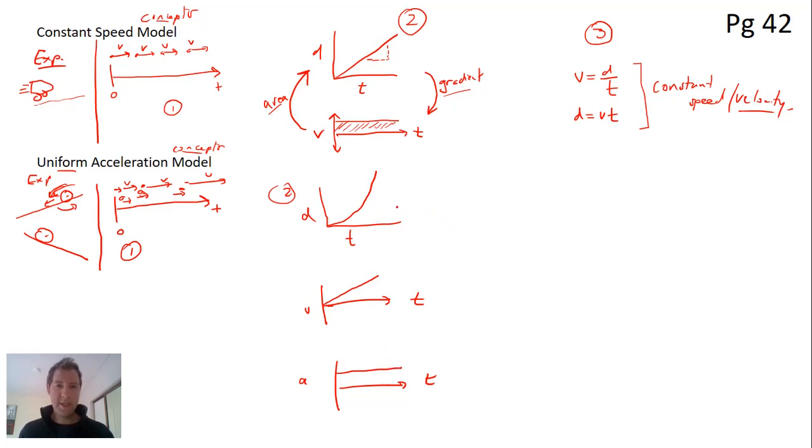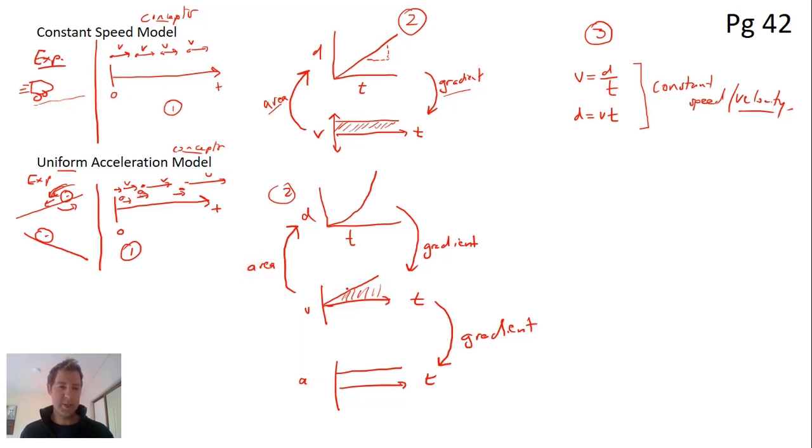Same here. We can take this gradient if we wanted to work out the velocity. We can go a step further. If we want to know what the acceleration is from the velocity time graph, we can look at the gradient of the velocity time graph. And if we want to go back, we can work out the area under here, and it would give us the displacement.